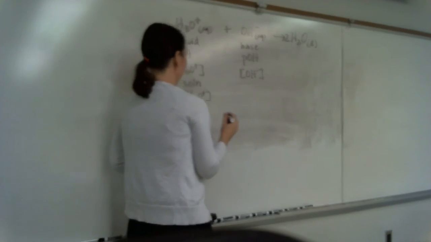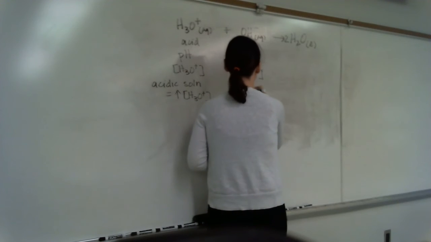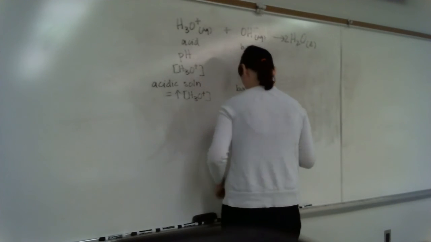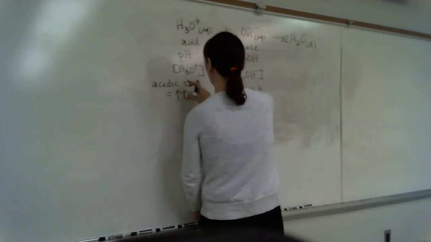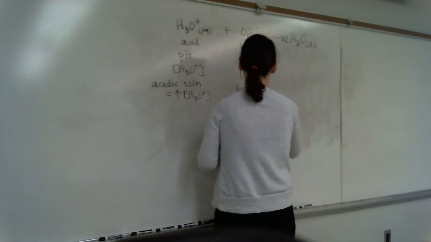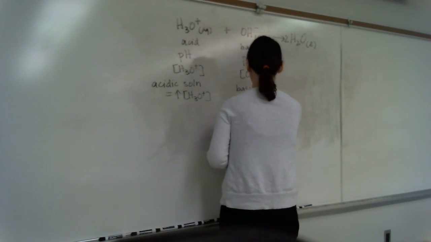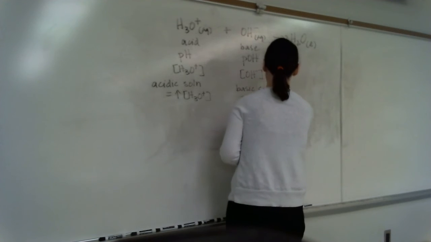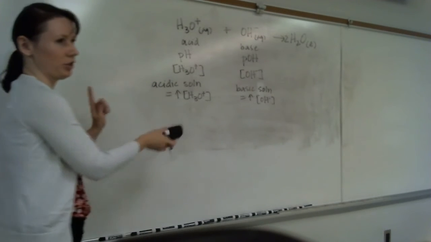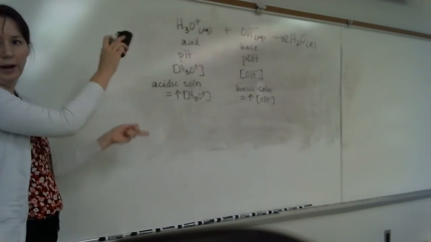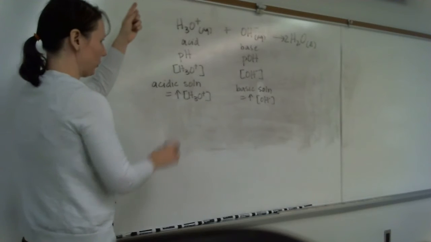A basic solution would have what? It would have a low H3O+, but a high OH-. So you see these two are opposite each other. They're like two directions of a highway, right? One's going this way, one's going this way.